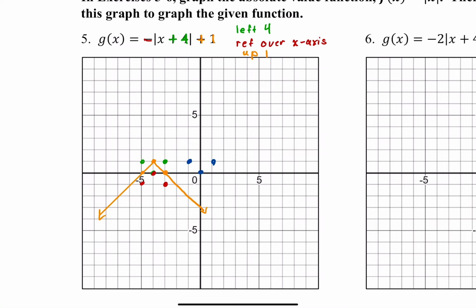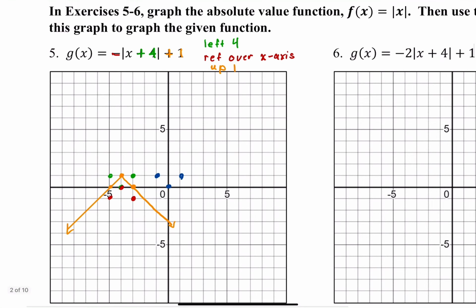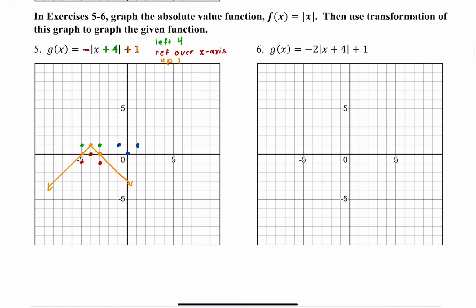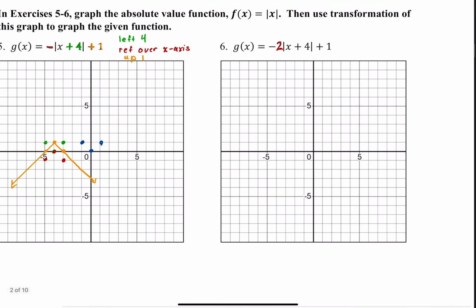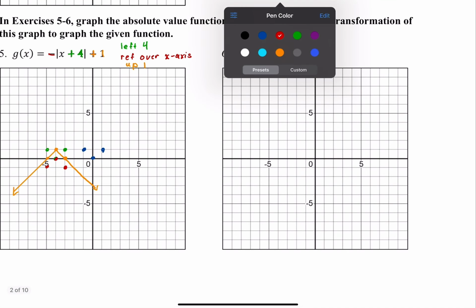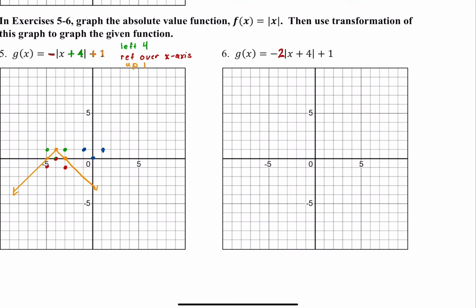Okay, so the number 6 reintroduces or has this 2, so that's going to be the only difference right here. So let's maybe put that one red, but a lot of the other transformations are still going to be the same. That is to say, we're going to have this +4 right here, and that 4 is going to cause it to move to the left 4. Then the negative 2, you could do this in any order.